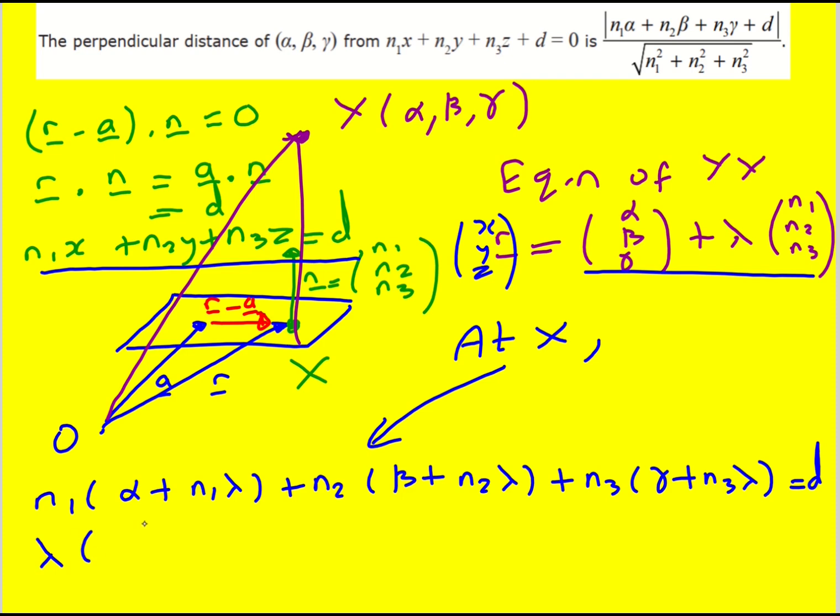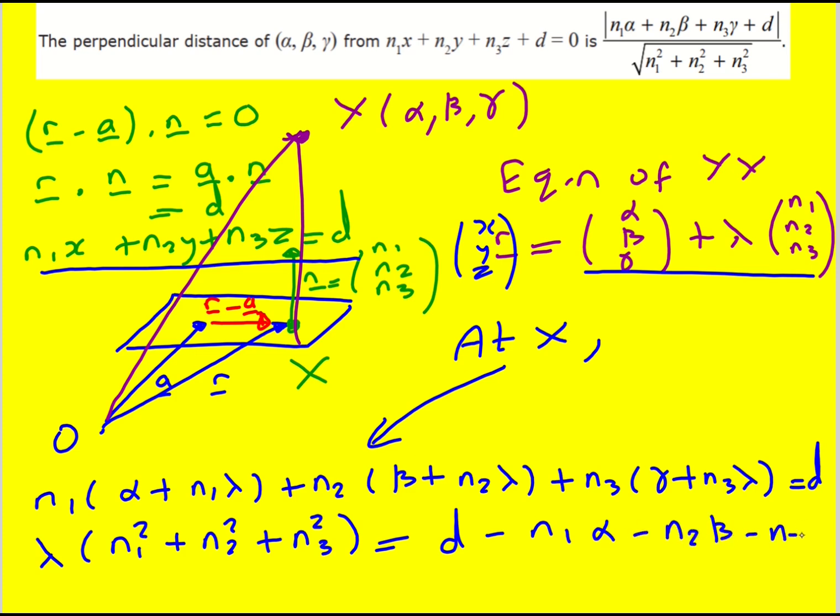So I will get lambda times n1 squared plus n2 squared plus n3 squared. And then the other terms, I'm going to subtract from the opposite side. I'll get d minus n1 alpha minus n2 beta minus n3 gamma.